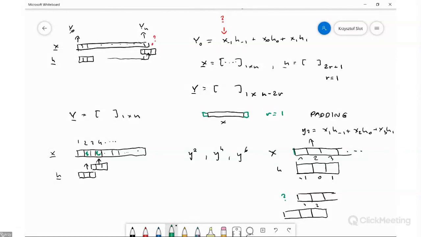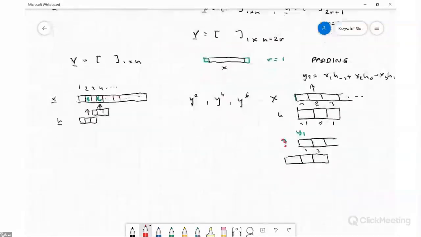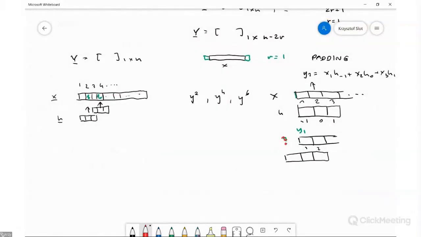So if I would like to compute what will be y1, as you see here, let's make it red, as you see, it is missing. The first product is missing, because the first product is x0 times h minus 1, but I don't have x0. So because of that, I might be interested only in results that are meaningful, that are correct.